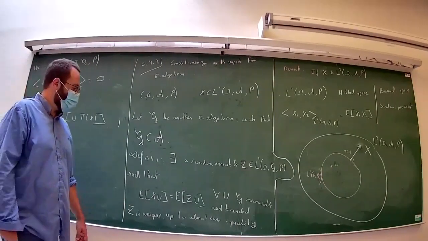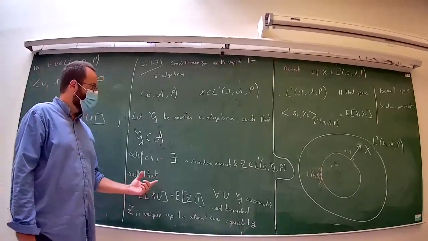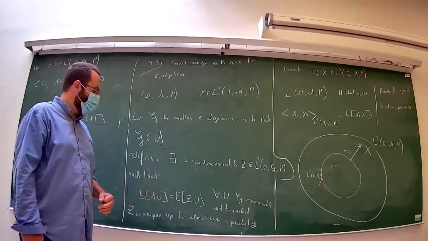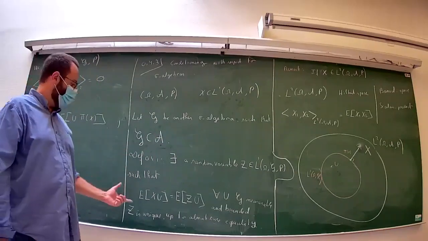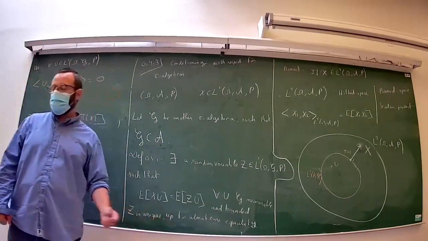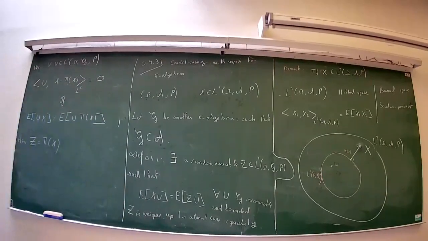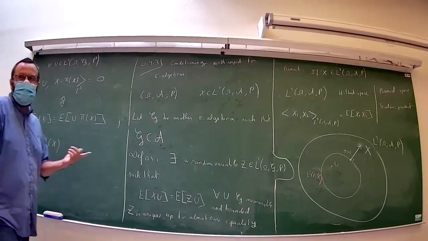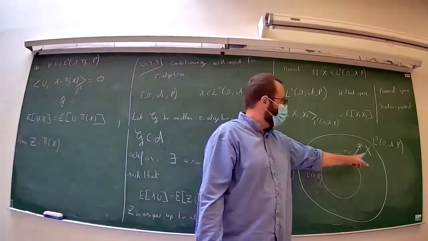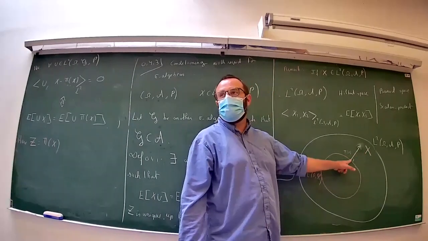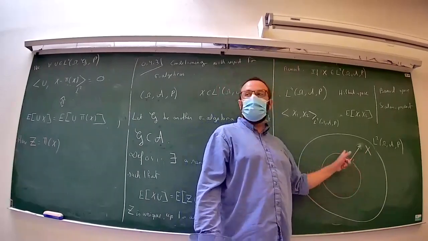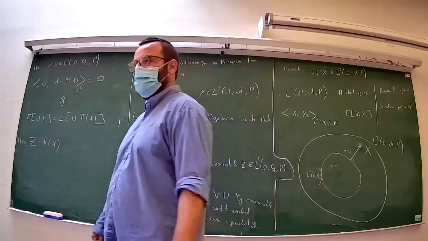Intuitively, there exists a random variable fulfilling this, and it is this one that I will call the conditional expectation of X given G. And this conditional expectation may be seen as the best approximation of X by random variables that are G measurable.